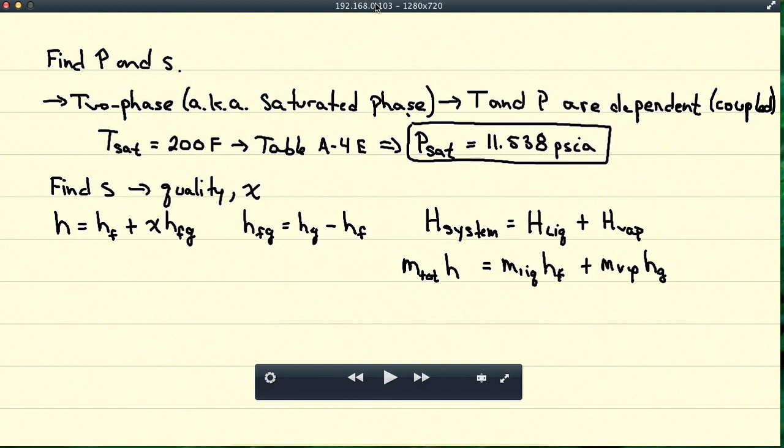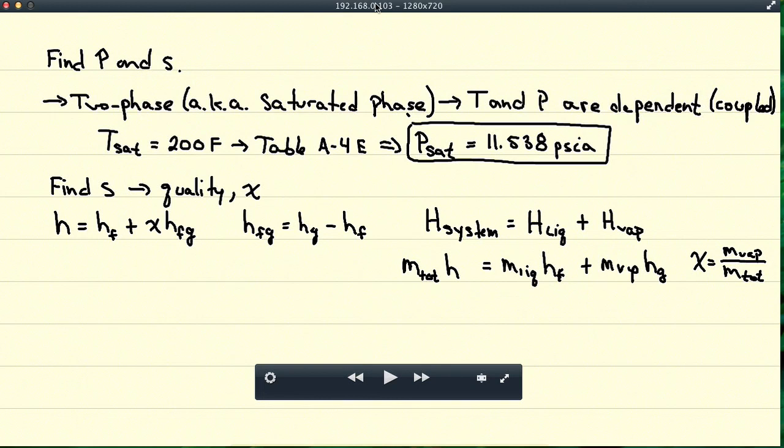Now we also recall that we have a definition for what quality is. The quality is equal to the mass of vapor divided by the total mass. So I'm going to divide each term by the mass of vapor.